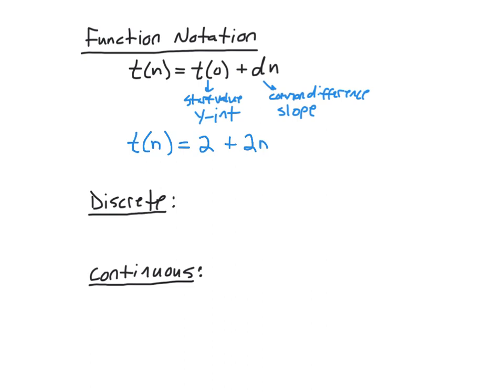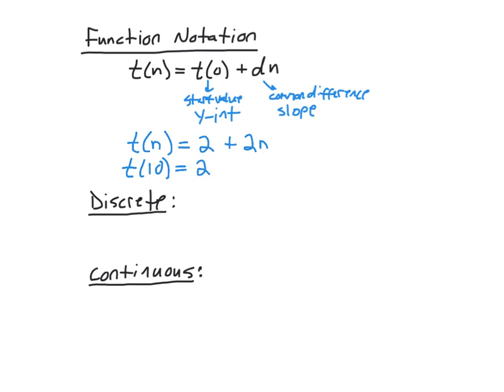And in this function notation, I can now calculate the value of any term in that sequence. So let's say I wanted to do something like t of 10. I want to find what the 10th term of this sequence is equal to. Well, I'm just going to replace, like we have in the past, the x with the number. I'm now going to replace the n with the number.